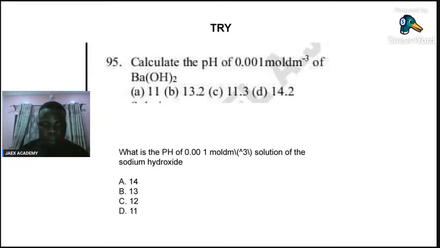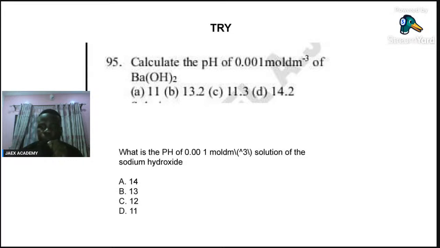Then CH3COOH, carboxylic acid, is a weak acid. Sorry about that, Vivian. So carboxylic acid is a weak acid, guys.